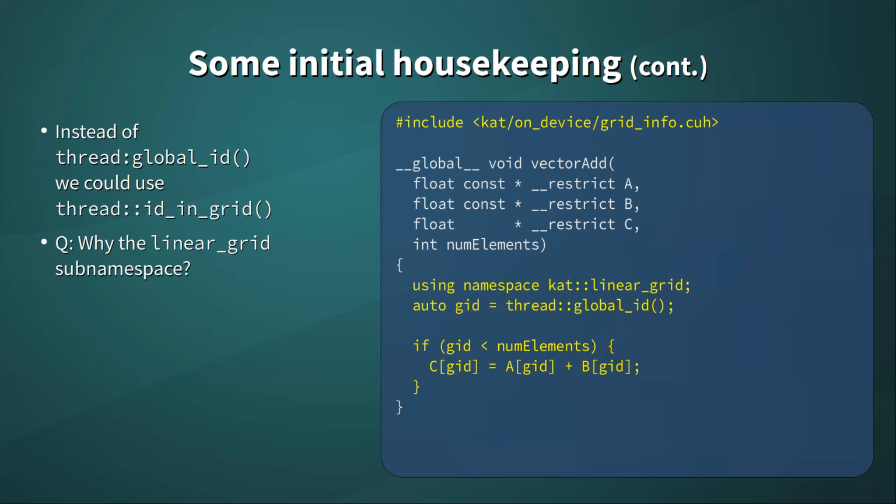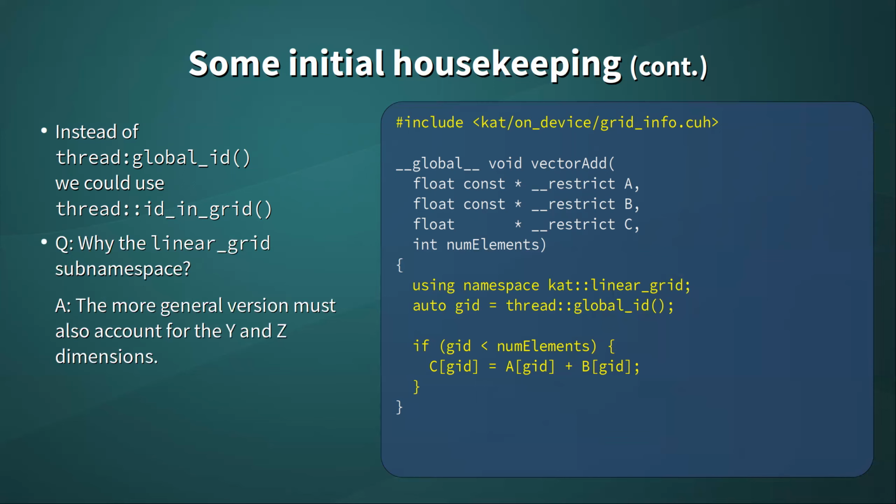And if you're wondering why I need a namespace for the linear grid, the answer is that if I just use the cat namespace, then it would give me a global ID in 3 dimensions. So we would have to look at the y dimension and z dimension and multiply and add up the values there, which would take even more code. And if you write kernels that are multi-dimensional, then your boilerplate for doing that is even longer.